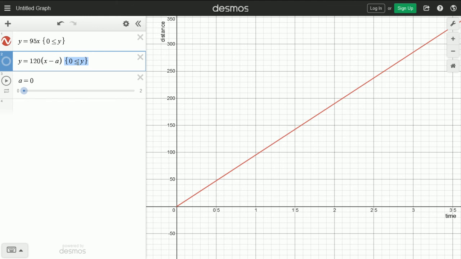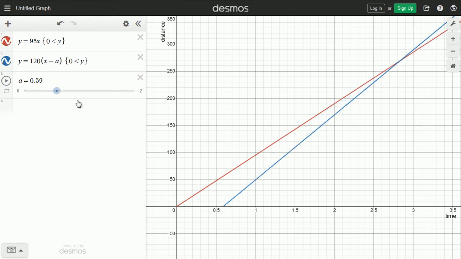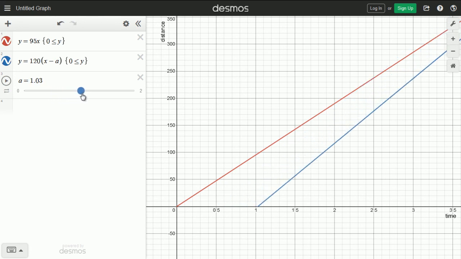Again, I'm restricting it so that it is a positive distance. So I'll turn that one on, and if I let this value be 0, it's just 120 times x. But if I bump this value of a up, you can see that where the car starts is being pushed further along in time. I mean, here it starts like 30 minutes later, and then it starts an hour later here, and an hour and a half later. We want it to be 1 hour later.